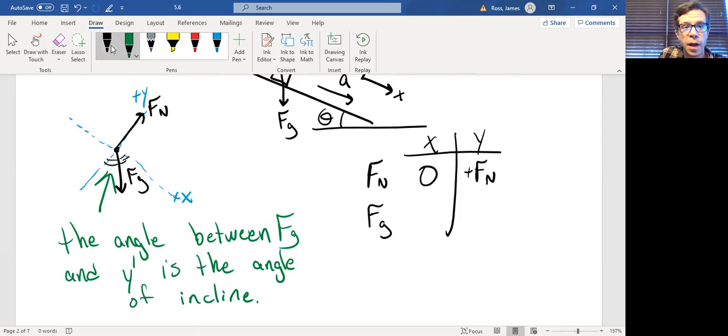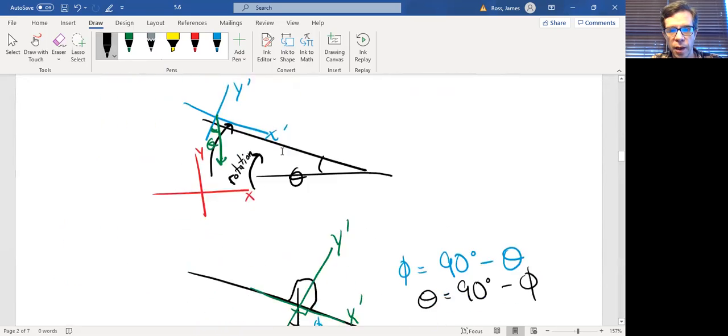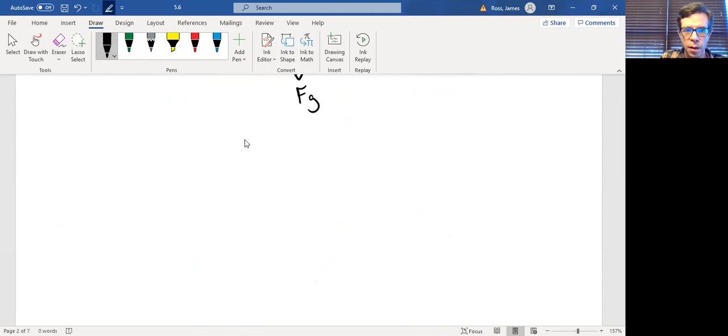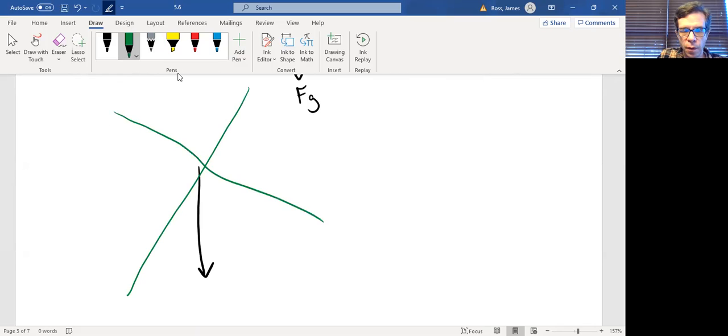So now we need to do trig associated to that. Here's my gravity. Let me draw in my prime coordinate axis. It's really hard to hit your target sometimes with the sketch pad.